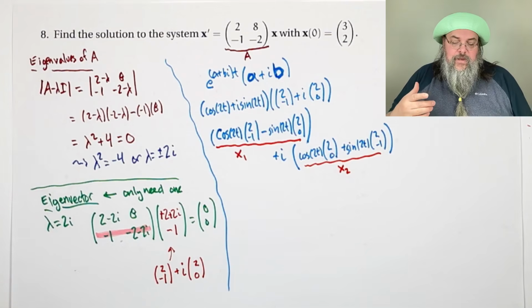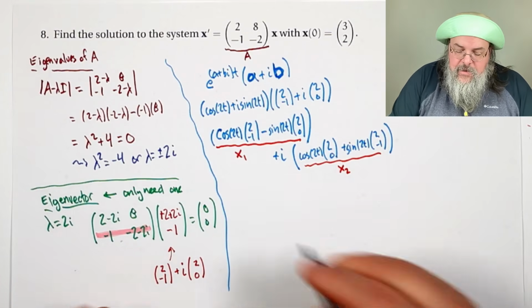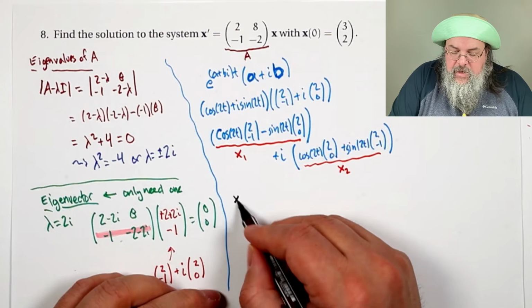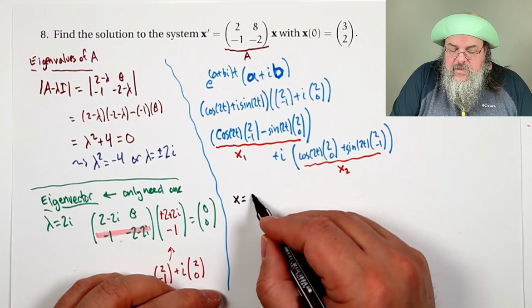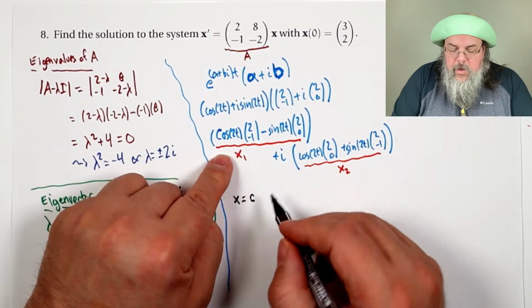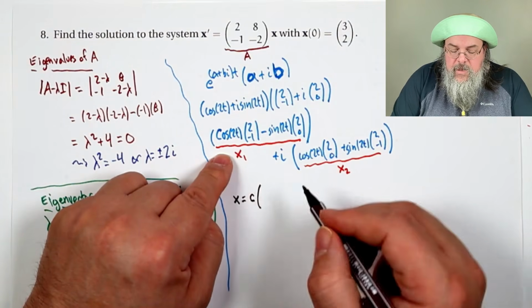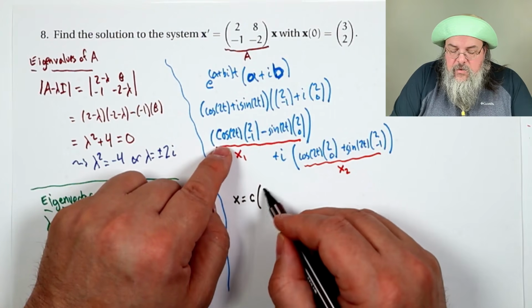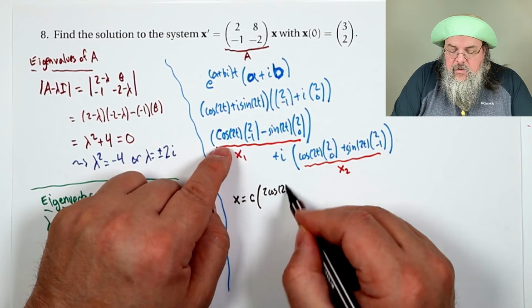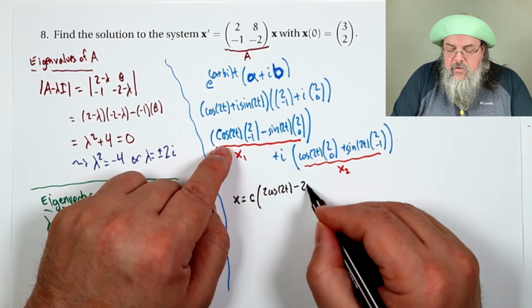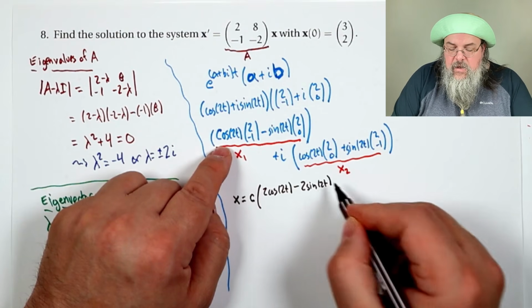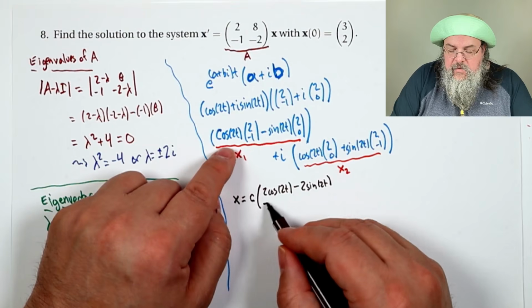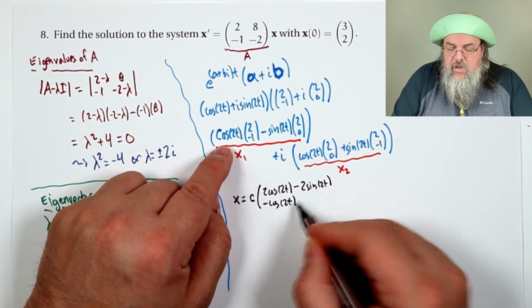And we say, in general, our problem looks like x is some constant c times x1. Well, I'm going to go ahead and compress this down. So that's 2 cosine 2t minus 2 sine 2t. And then we have a minus cosine 2t and a 0.